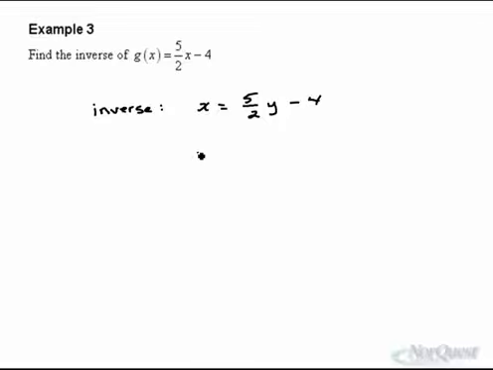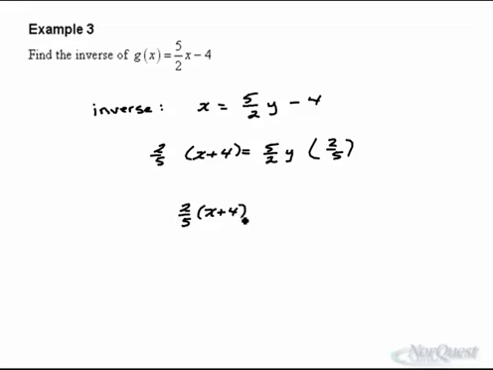So add 4, x plus 4 equals 5 halves y. Multiply both sides by 2/5 to get rid of the fraction. Remember, it's 2/5 times the whole thing, so it becomes 2/5 times x plus 4 equals y.